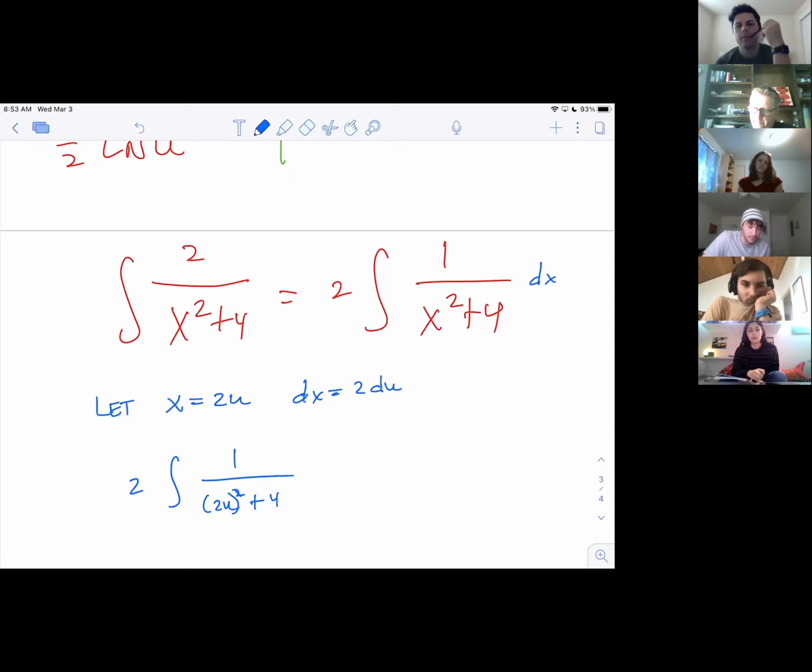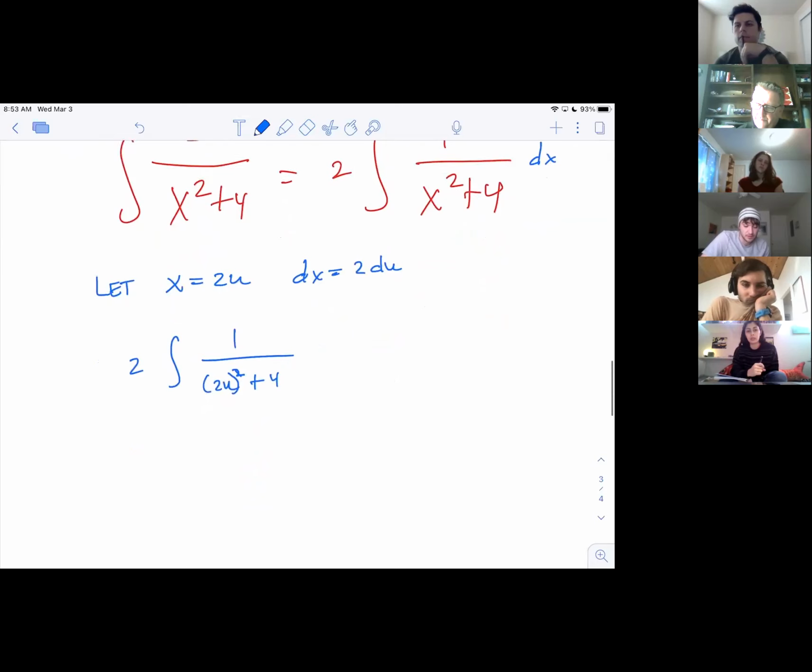So you have a parenthesis of u squared plus 2 plus 1 squared. Yeah, you're going the right direction. I think I understand what you're saying. So then I'd replace dx with 2 du. Do you think this is going somewhere? Can you see where Eve's going with this?